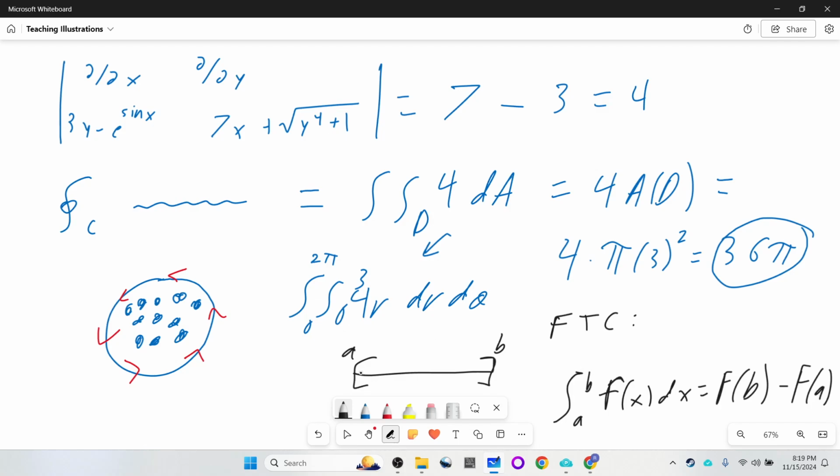It's saying if we add up all the things that are happening on the inside, it's the same as just doing the end minus the start if you do this antiderivative here. And so this is kind of a recurring theme in calculus, that you can take what's happening at the boundary versus what happens in the interior, add it up, and they come out to the same thing. Give or take doing a derivative or an antiderivative midway through.